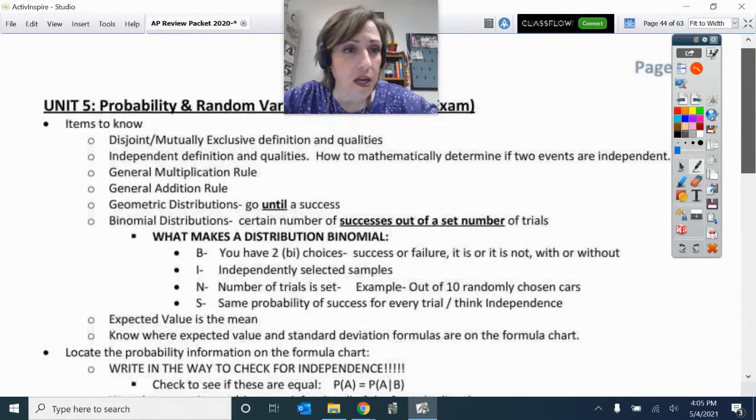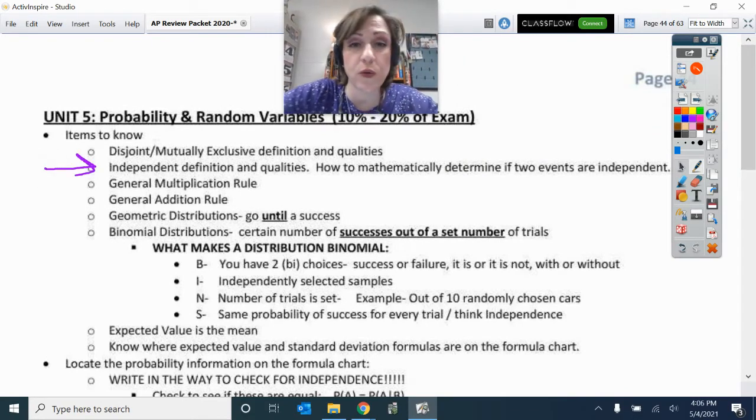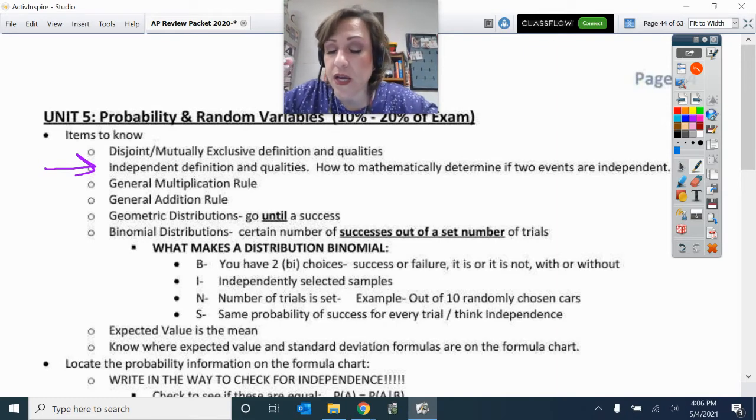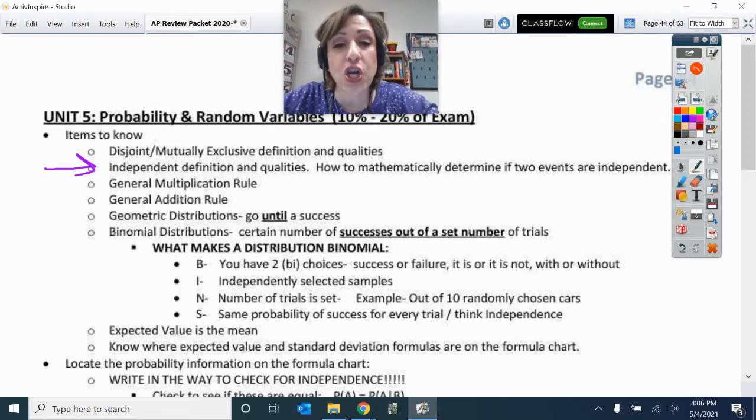Next, are events independent? Because this is going to play into how you can have two events occurring simultaneously, and if it changes the probability of the next event. So this affects our multiplication component.